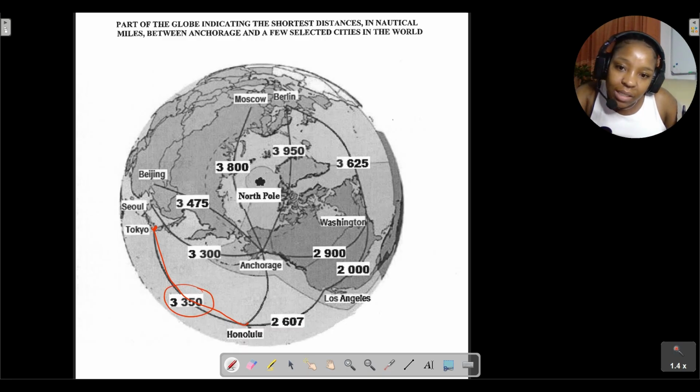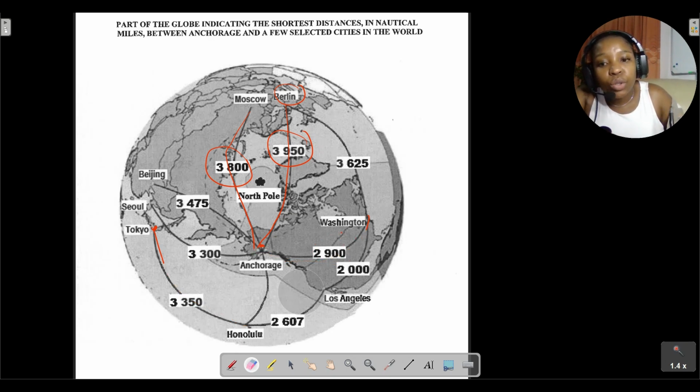What's the shortest distance between Moscow and Anchorage? 3,800. What's the shortest distance between Berlin and Anchorage? 3,950. Shortest distance between Anchorage and Washington, 2,900. So that's basically how we are going to work with this picture.